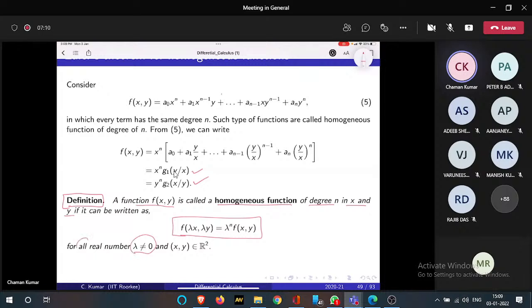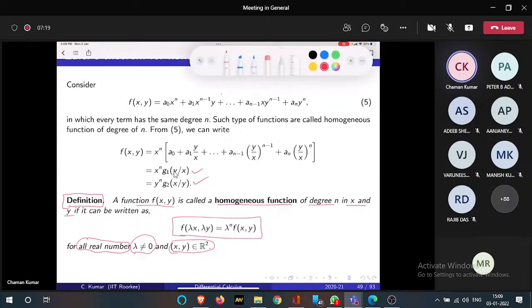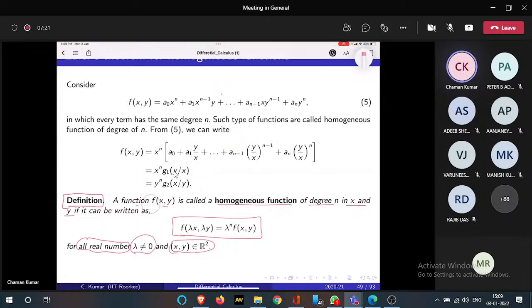And this should hold for all real numbers lambda, and for all x and y coming from R2. Then also you can say that the function is homogeneous.